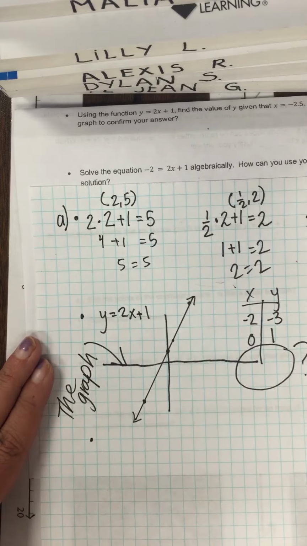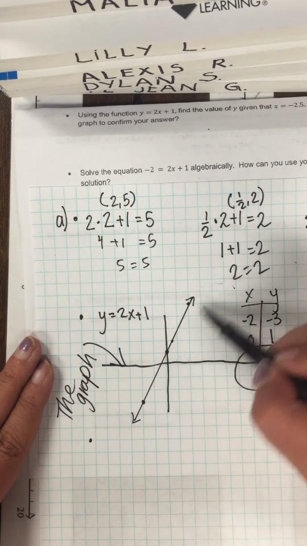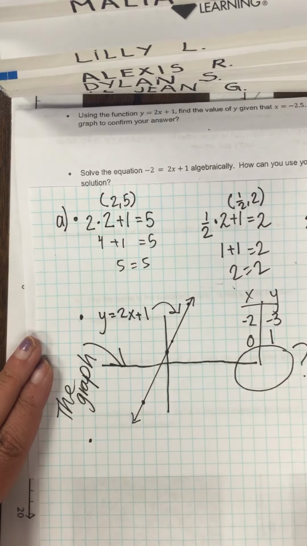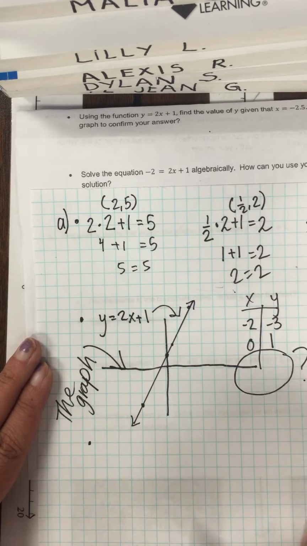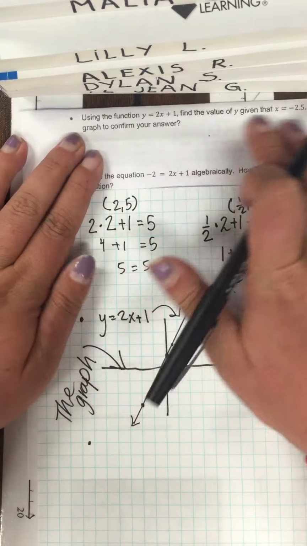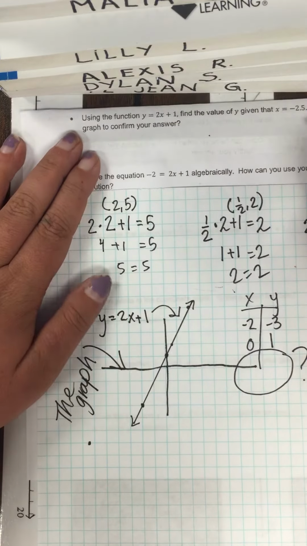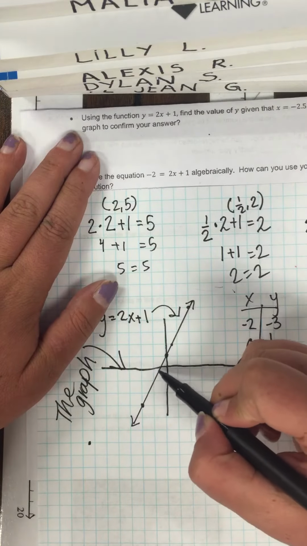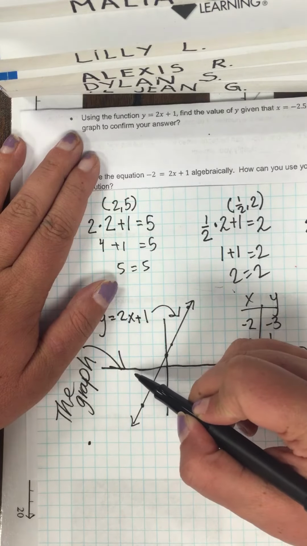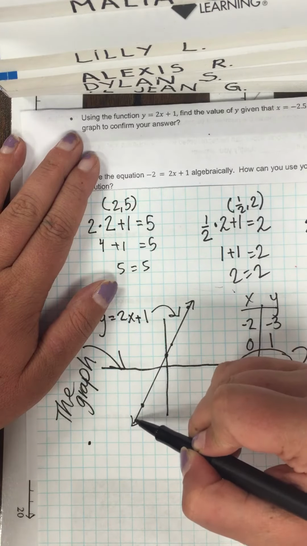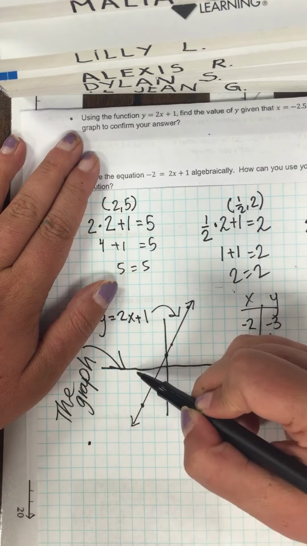So how can we use the equation? Here's our equation, and determine y when negative 2.5 is x. Go to negative 2.5, negative 1, negative 2, negative 2.5. Go down to where it hits the line, and that's what y is.